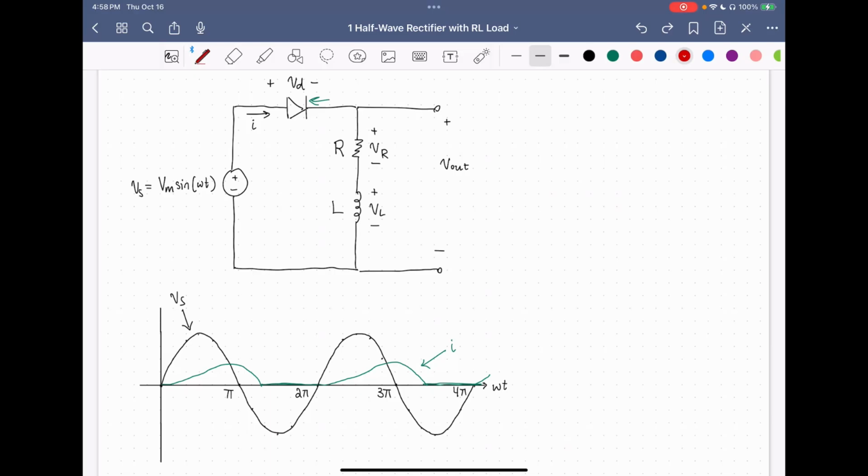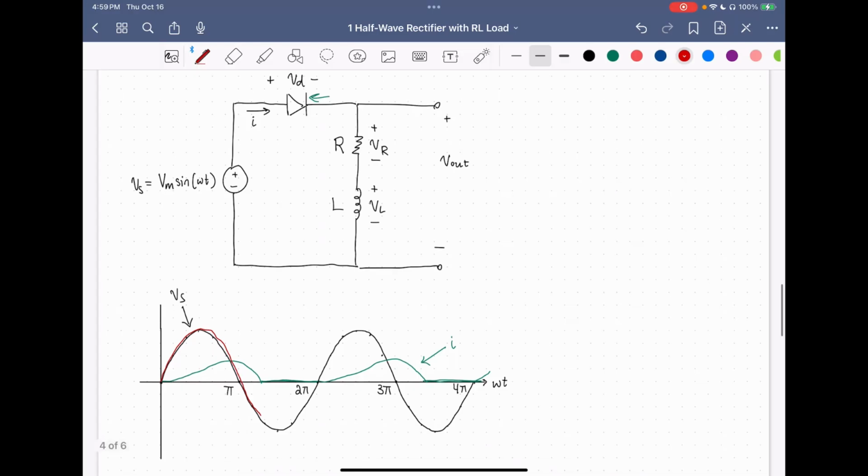When there's current, the diode is a short and Vout is just going to track Vs. But at this point, when there's zero current, the diode's an open, so Vout is just zero.